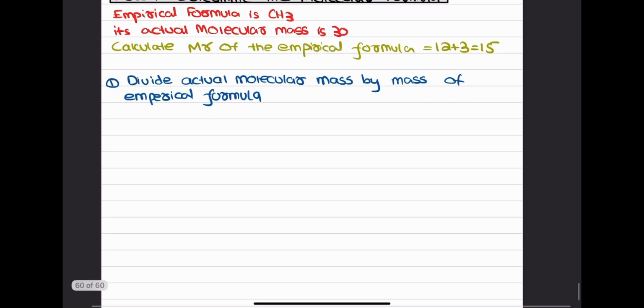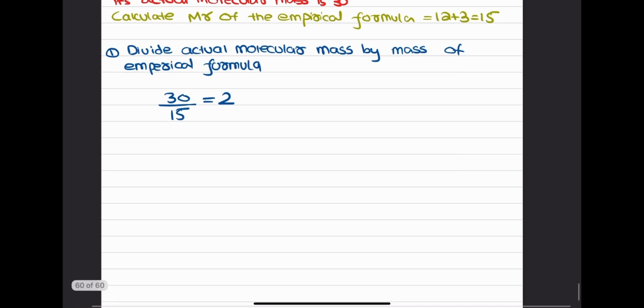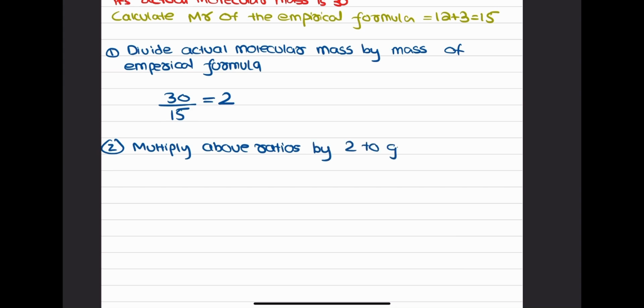What will we do? 30, which is the actual molecular mass, divided by mass of empirical formula, which is 15. It comes out to be 2. Wait, I'll just write it like this. Okay, now we will multiply above ratios by 2 to get molecular formula.